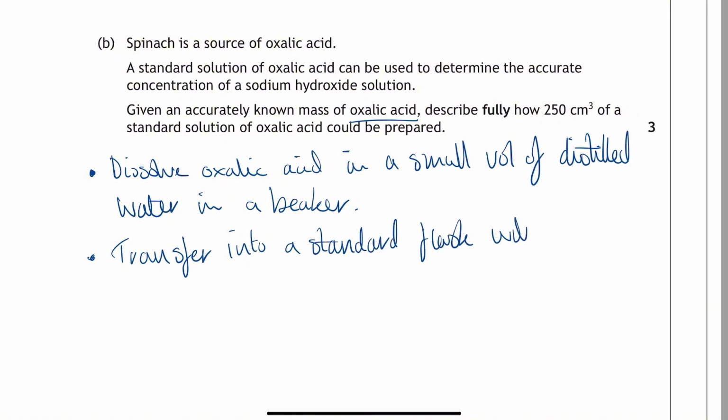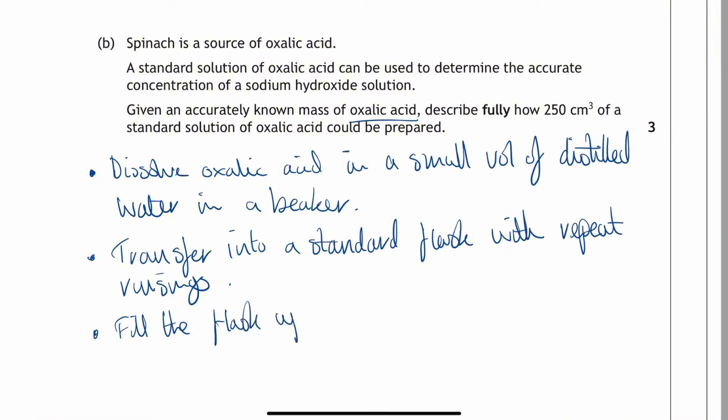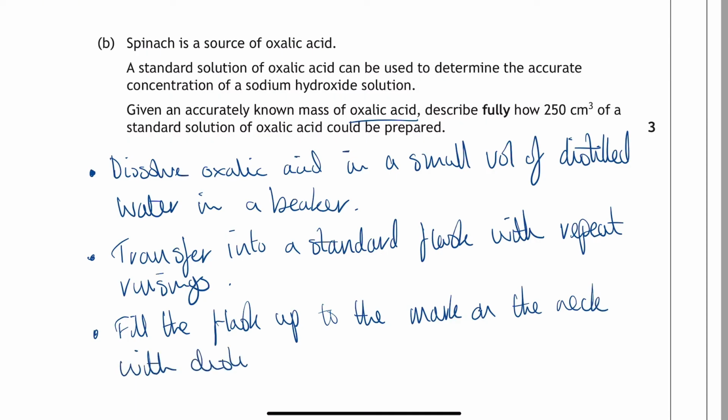It's the repeat rinsings bit that's important here. And then the last step is to fill the flask up to the mark on the neck with distilled water until the bottom of the meniscus is on the line.